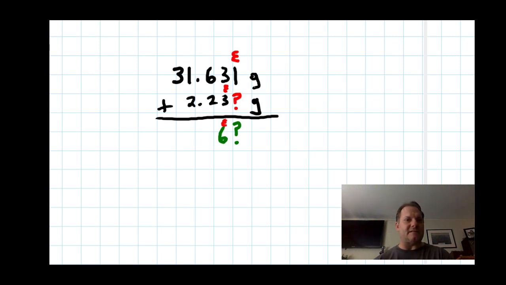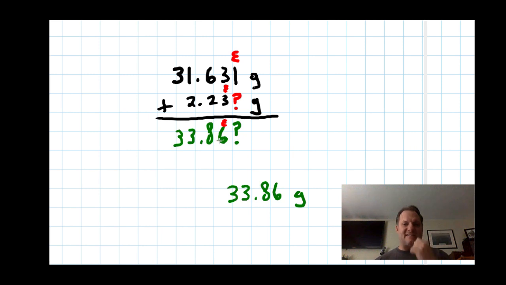Write a little e there. You wouldn't do this in a real calculation, but just to show you what it is, I'm going to write a little e there. 6 plus 2, those are both real numbers. So 6 plus 2 is 8. Decimal point, 3 and 3, right? So the answer I arrive at is 33.86 grams.